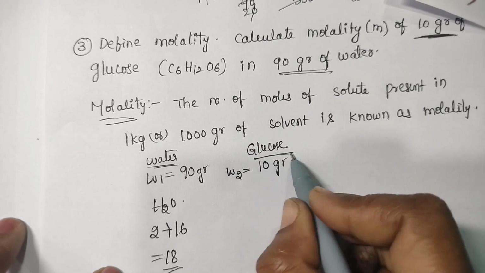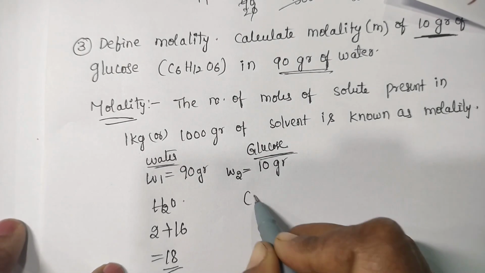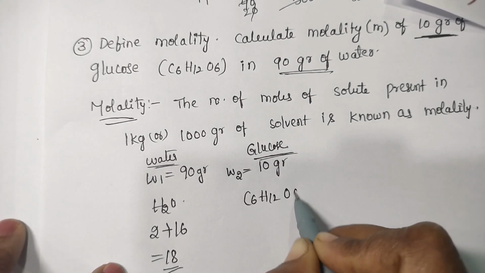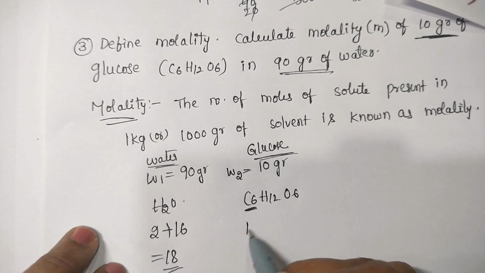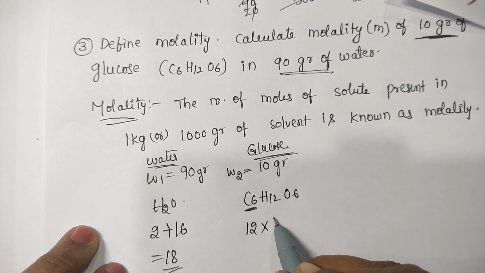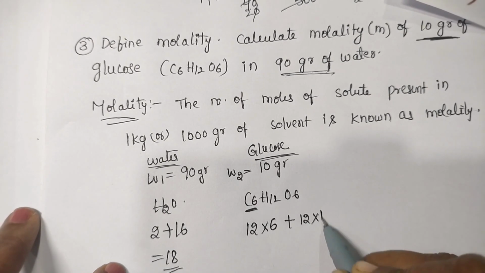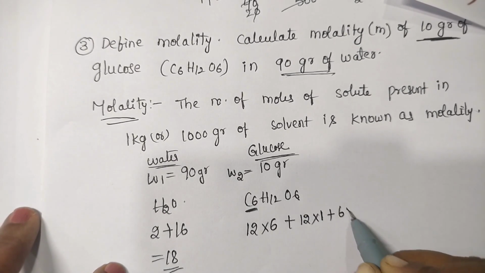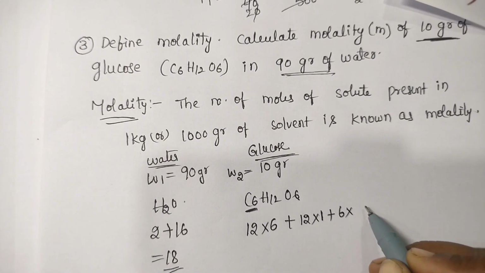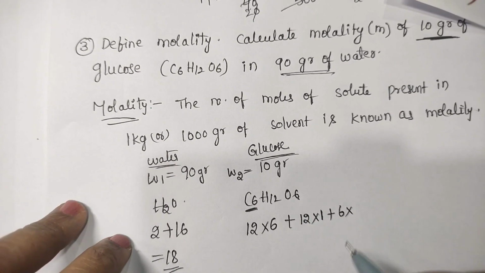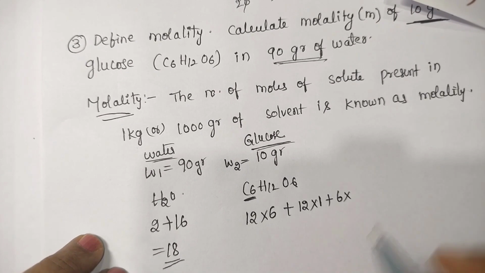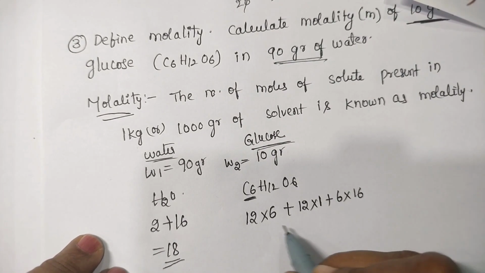Now glucose, what is the formula of glucose? C6H12O6. Carbon is 12, how many carbon atoms? 6, plus 12 into how many hydrogens? 1, plus 6 into how many oxygens? 6. Each oxygen has 16.